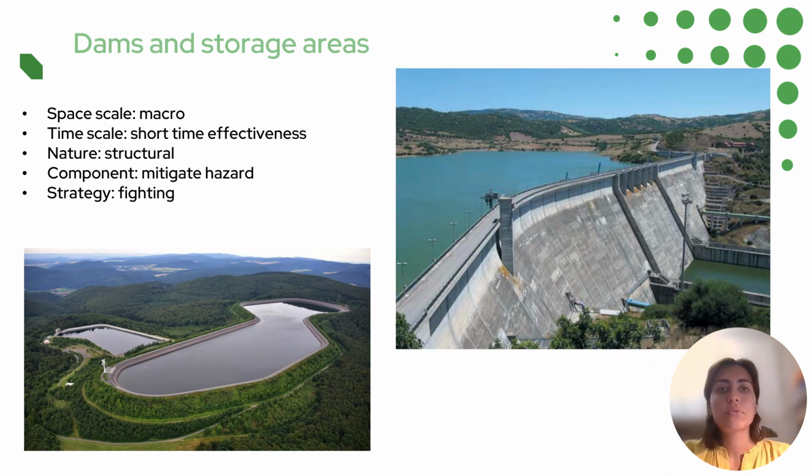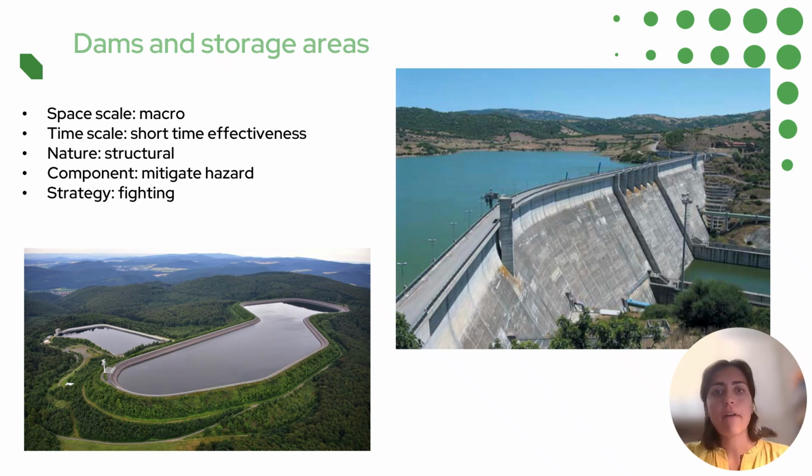Another widely used measure for flood risk mitigation is the construction of dams and storage areas. Dams allow large volumes of water to be stored and then released in a controlled way. In this way, flood peaks can be reduced and the risk of inundation downstream is mitigated. These are structural interventions implemented on a very large spatial scale.